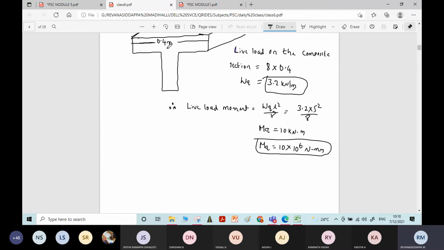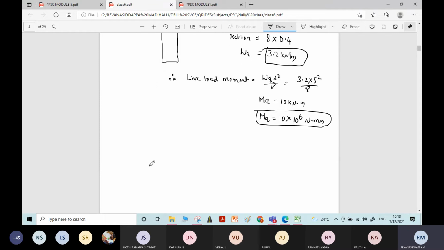Now we will find section modulus with respect to T section. Okay, you have to find it now. It is not a rectangle.